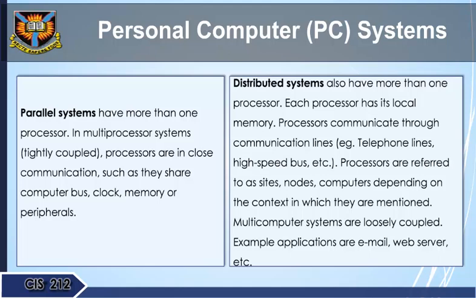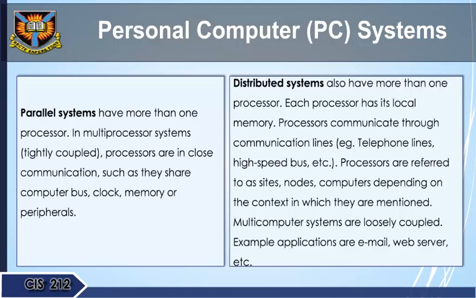In multiprocessor systems, which are highly coupled, processors are in close communication, such as they share the computer bus, clock, memory, or peripherals. Distributed systems also have more than one processor. Each processor has its local memory.